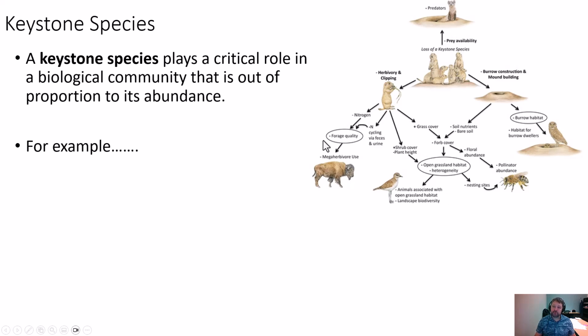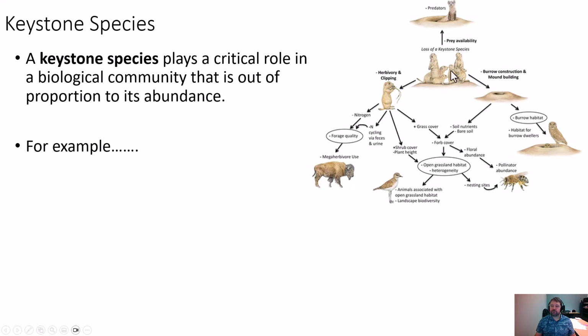Okay? You lose the diversity of your megafauna, your herbivores that are feeding. So yes, you might make a monoculture and you might be able to raise cattle on it, but you lose that capability for antelope and pronghorn and deer, because your forage quality goes down when you remove these organisms from the landscape.